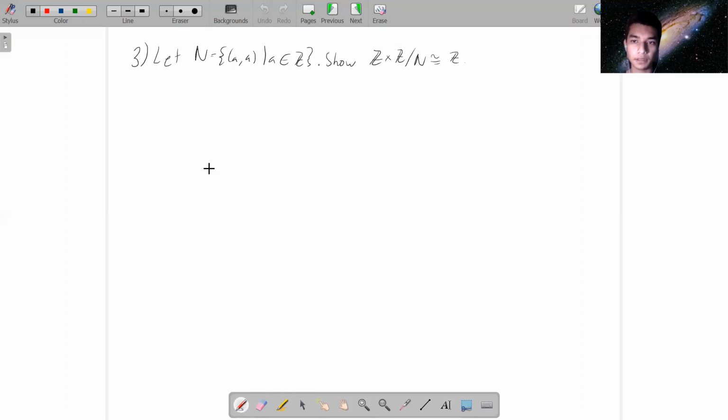So one idea might be to use a sort of subtraction. That is, map phi from Z times Z to Z given by (a,b) maps to a minus b.